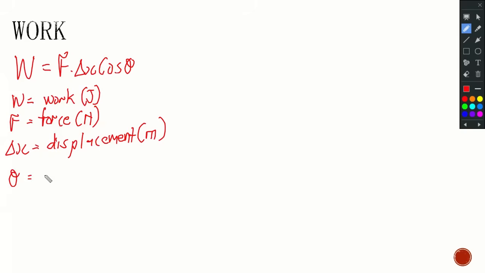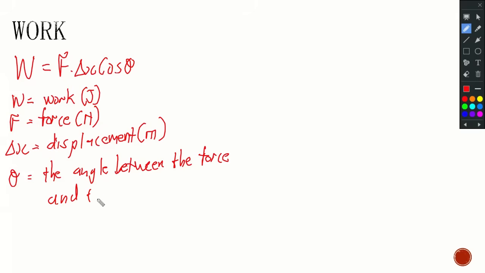Theta is the angle between the force in question and the displacement, right? Okay, so it is very important to note here that with the F here, this is not the applied force. So F there can be any other force.